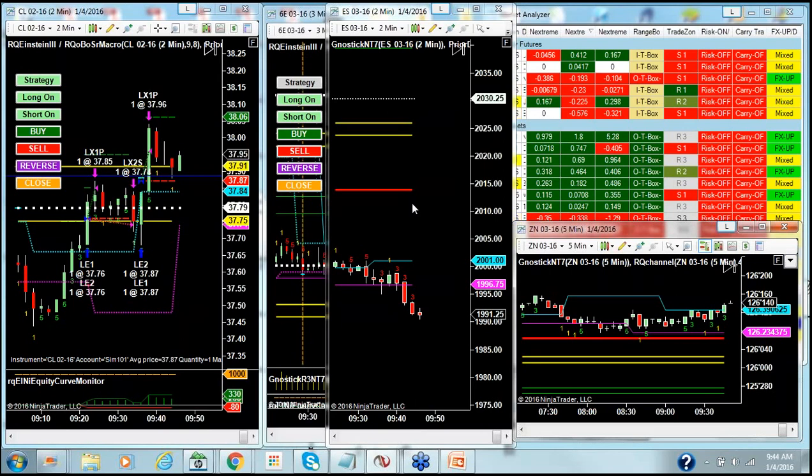It just gets out on a trailing stop. Let me give you the numbers. It got out with 3 ticks and 5 ticks, so 8 ticks profit. That's one contract. That has a different money management than trading 2 contracts.